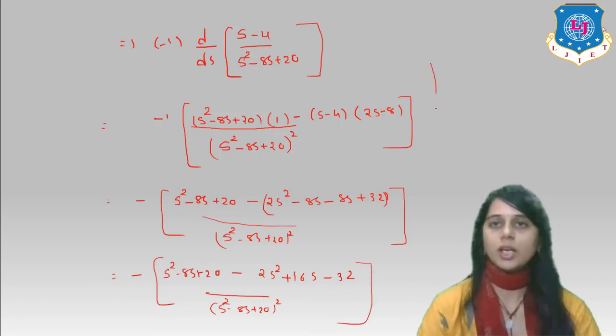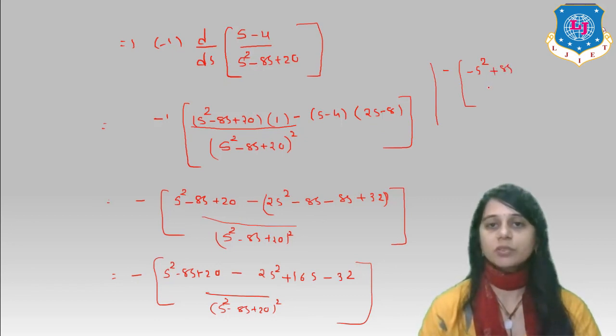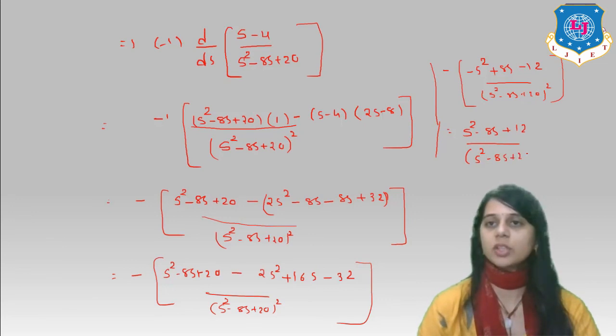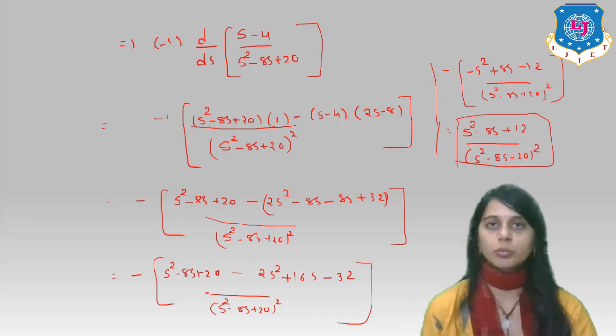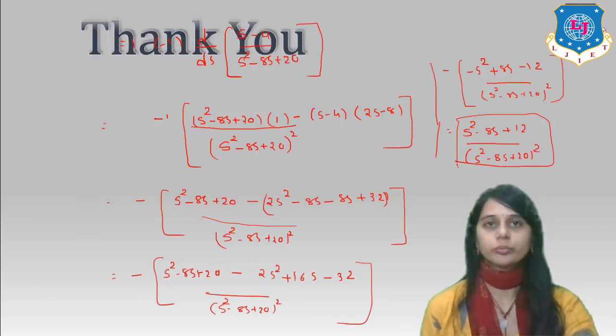Okay, so the answer is minus (s square minus s square minus s square minus 8s plus 16s plus 8s plus 20 minus 32 minus 12) upon (s square minus 8s plus 20) whole square. Taking minus inside, the last answer is (s square minus 8s plus 12) upon (s square minus 8s plus 20) whole square. So this is your last answer of the example. Okay. Thank you.